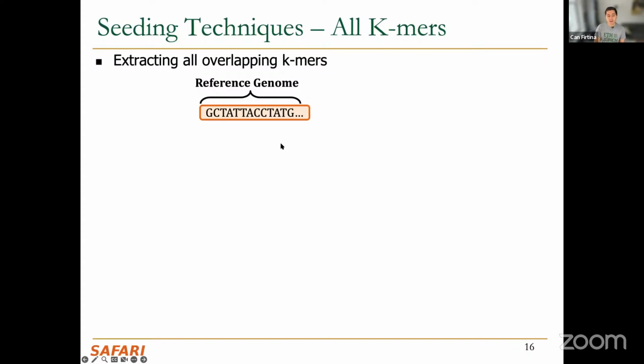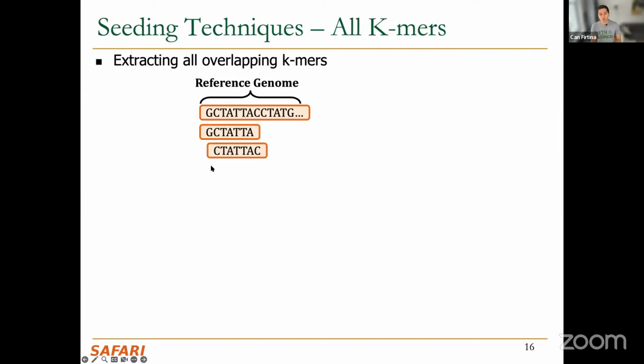So imagine that this is our reference genome. It starts with GCTA and then it goes on with some other sequences. If you want to extract all overlapping k-mers, then we need to start from the very beginning. And there should be a length to that k. In this case, the length of the k, or the length of the subsequence that we're extracting, is 7. So we extracted the first k-mer.